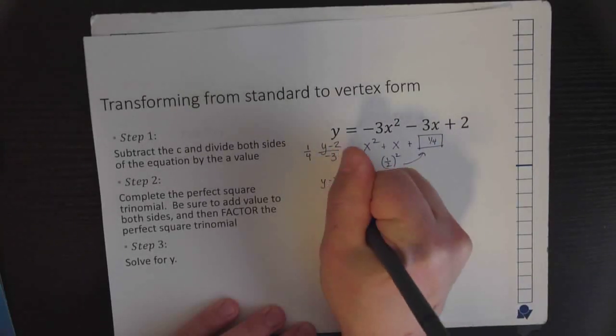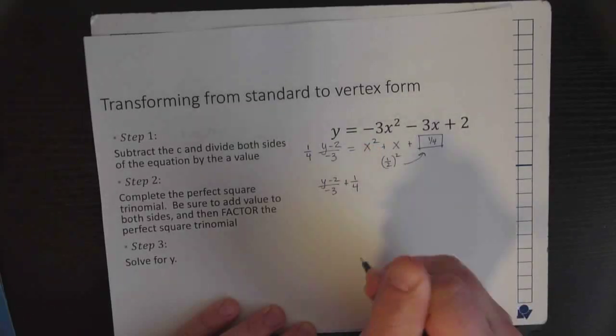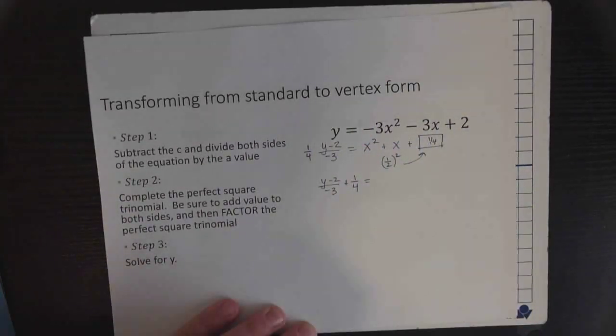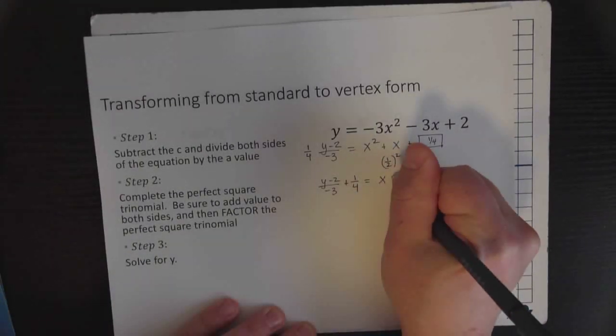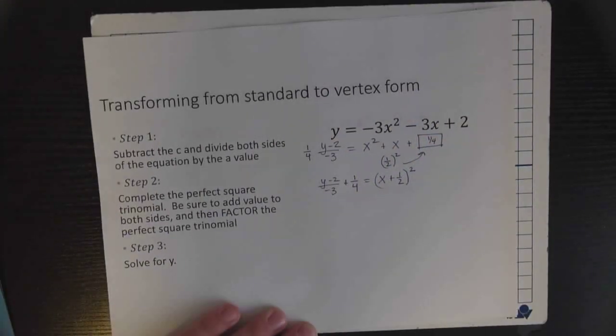So y minus 2 over negative 3 plus 1/4 equals, factoring x squared plus x plus 1/4, since we know this is now a perfect square trinomial, is x plus 1/2 squared.